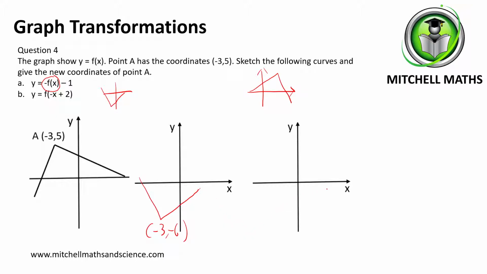So what we're going to end up with is something like that. And this point here, well, originally it would have been 3, 5 when it had been reflected in the y-axis, but then we've taken away 2 off the x value, so it'll be 1, 5.